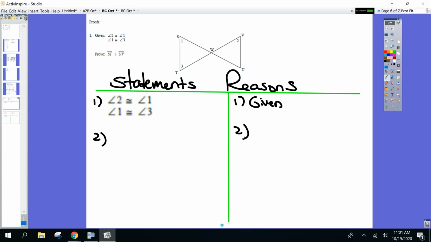Okay, here we go. Look at your proof statement first. Take a look at your proof statement.